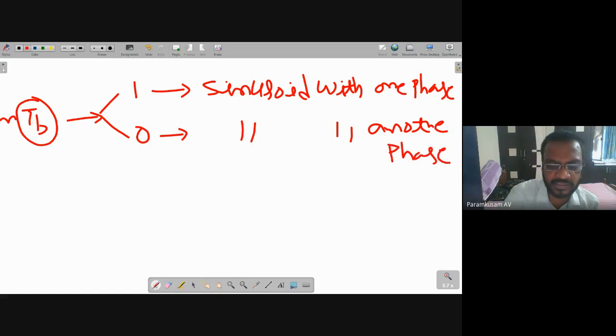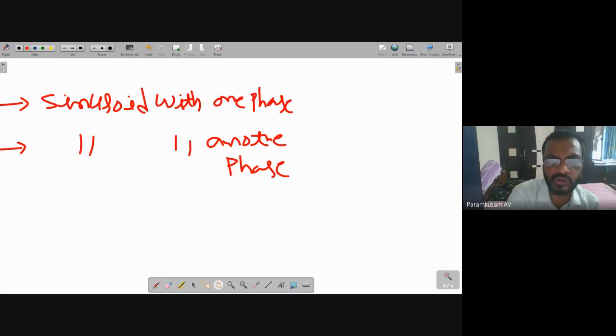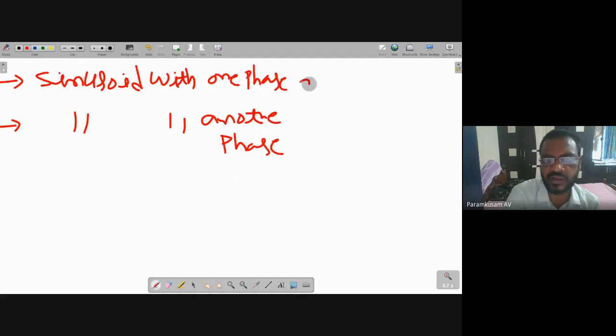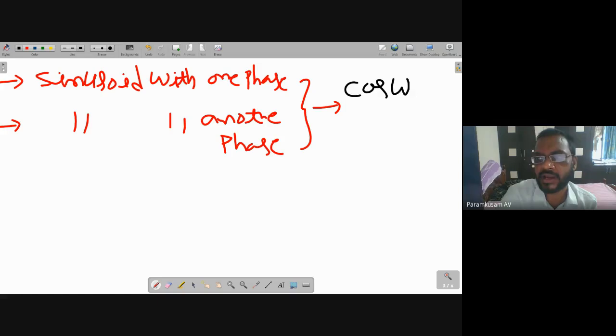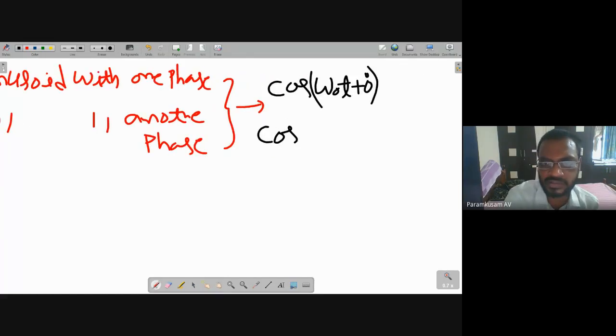What does it mean? It means it has only 2 sinusoids. What are those 2 sinusoids? One is cos omega naught t plus 0 degrees, or cos omega naught t plus pi.